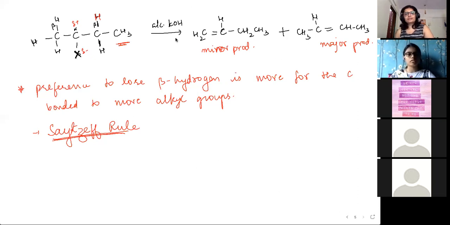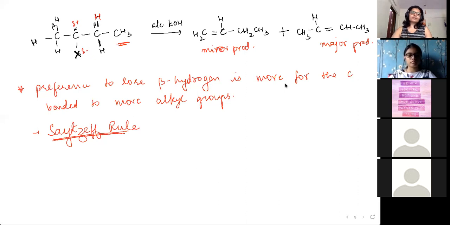Markovnikov rule is applicable for the reverse reaction, when you're adding a reagent. It says that your reagent will attach itself to the carbon atom which is more stable and has a lesser number of hydrogens.